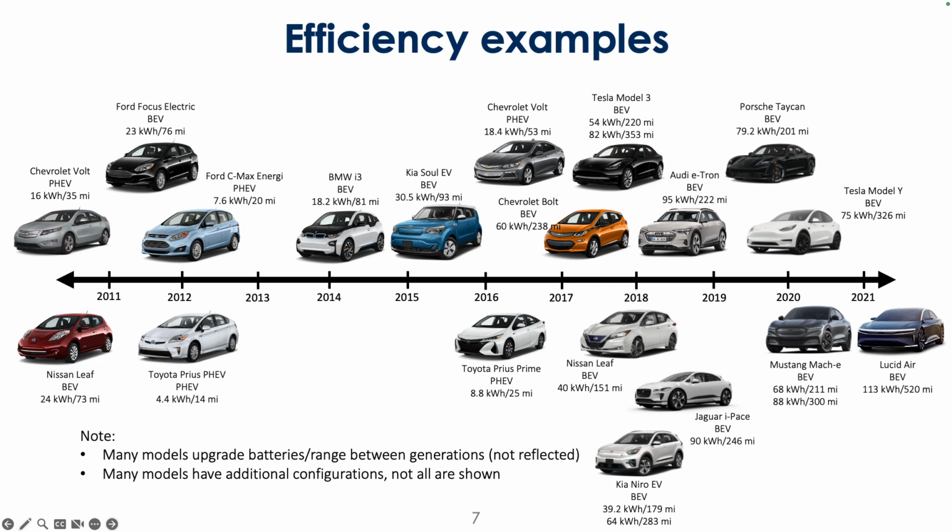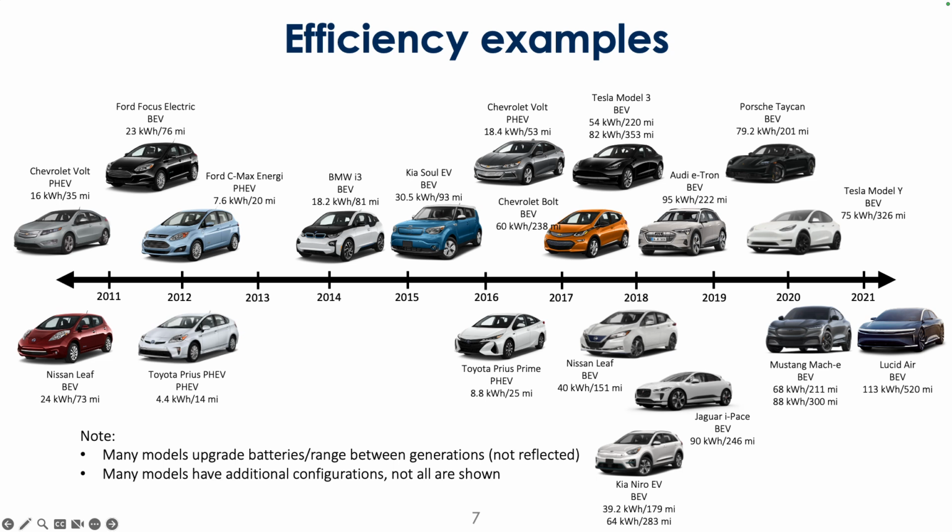This gives us the battery capacity and the mileage range of each of these vehicles. So you could do that division and then figure out what the kilowatt hours per mile would be, or, the way that we do in the US, the miles per kilowatt hour.